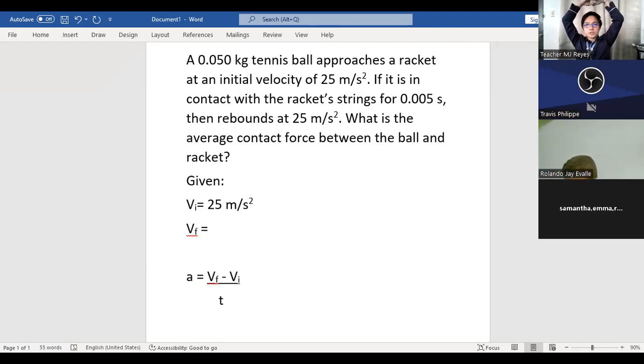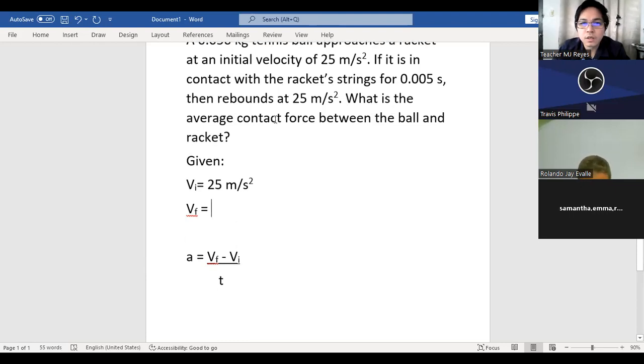It rebounds at 25. So the final velocity is also 25, based on the question.